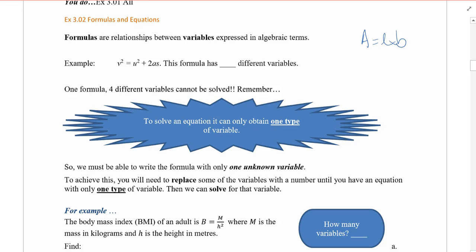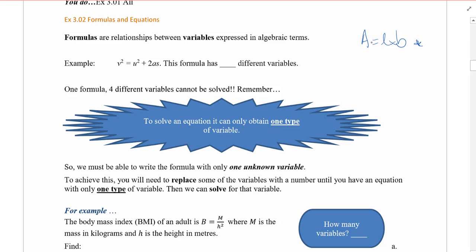We saw in exercise 301 that it's only possible to solve an equation when we've got one variable only. So in this situation, we have three variables. You can only get an answer if you're able to substitute numbers in place of the length and the breadth. Then you are able to get an answer for the area.